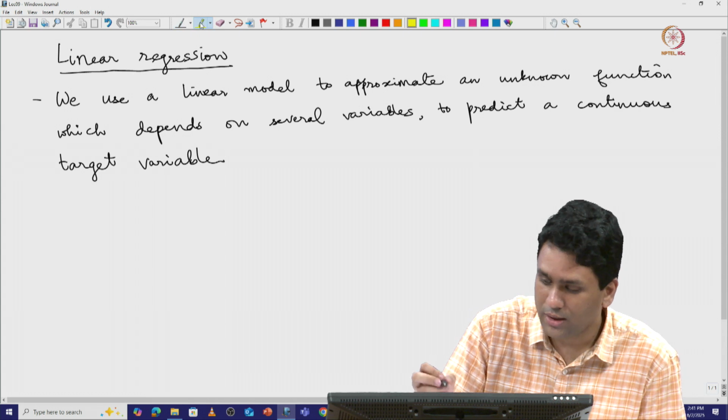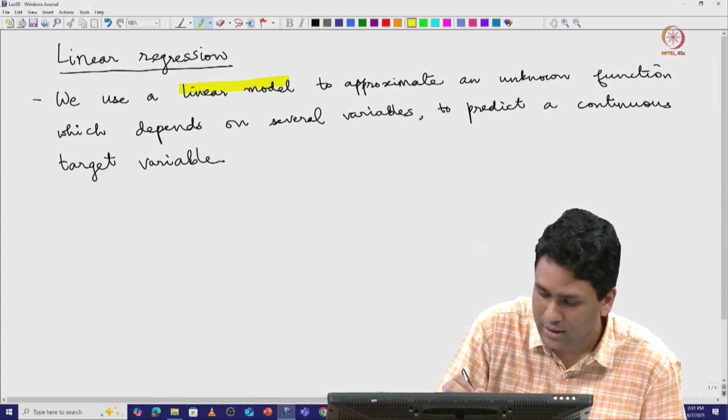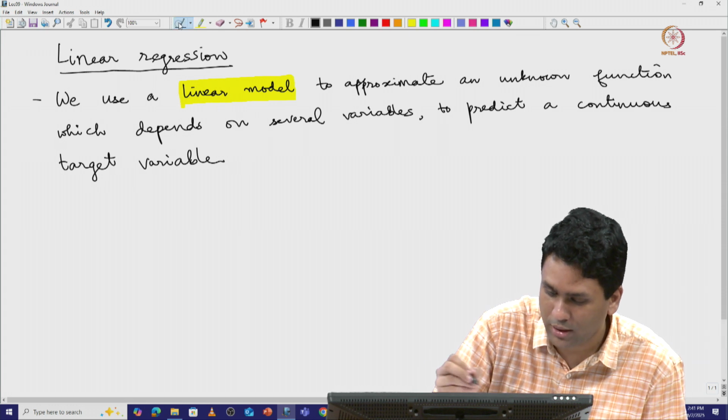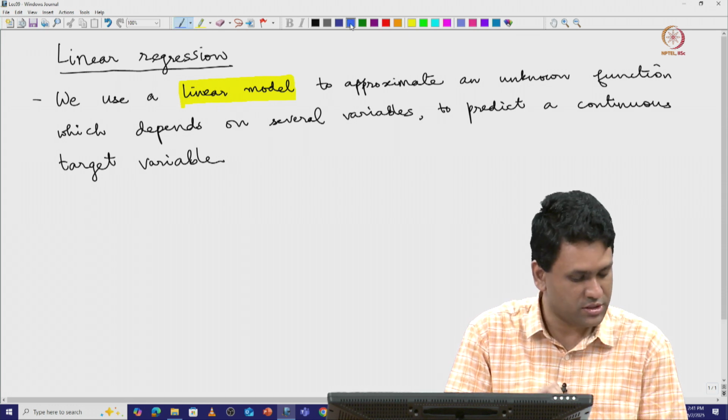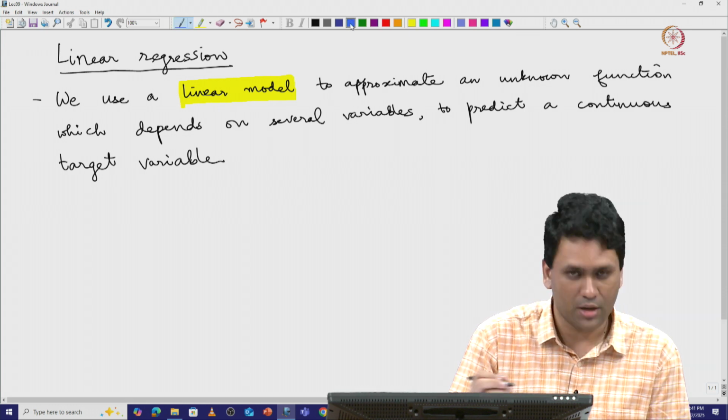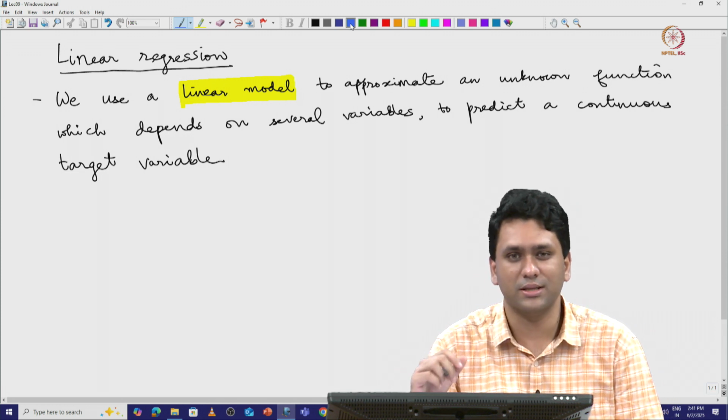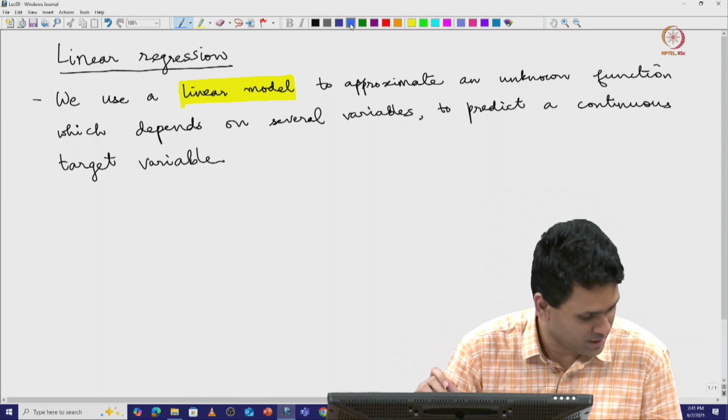And the meaning of a linear model is that the model has exponent 1 in each of the features, and then you just sum over all the contributions and then you get the final prediction.